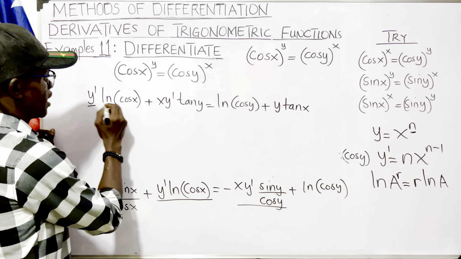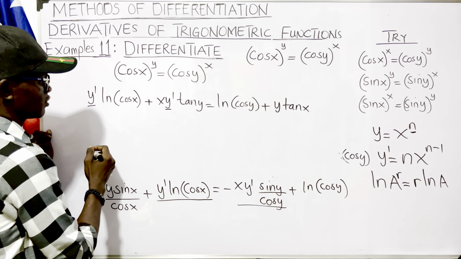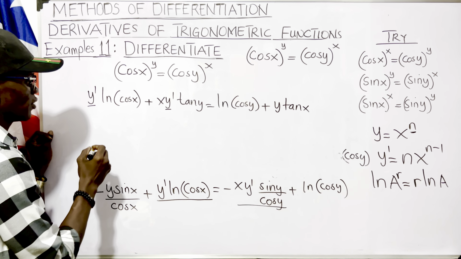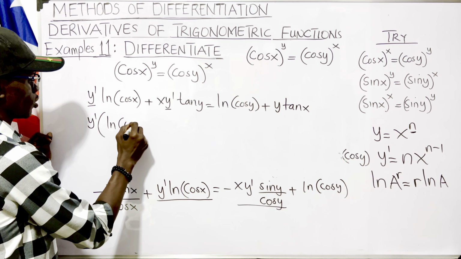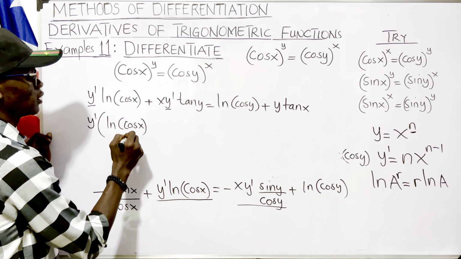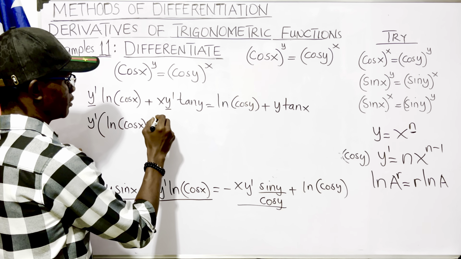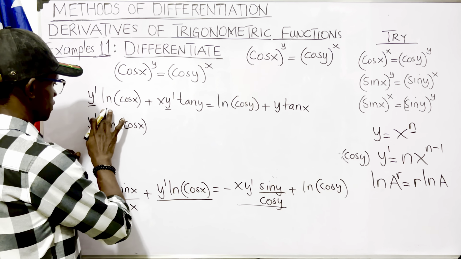So we have y prime and also y prime. We can factor out y prime. If y prime comes outside, we're left with ln of cos of x plus x tangent of y, all equals ln of cos of y plus y tangent of x.